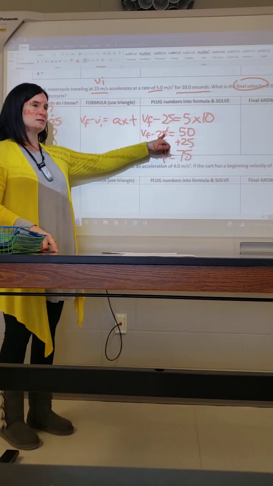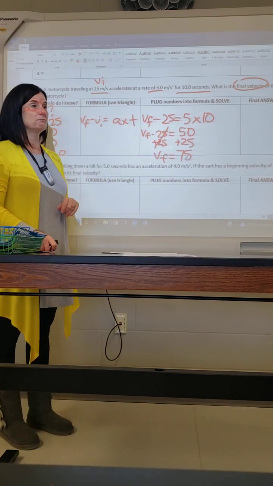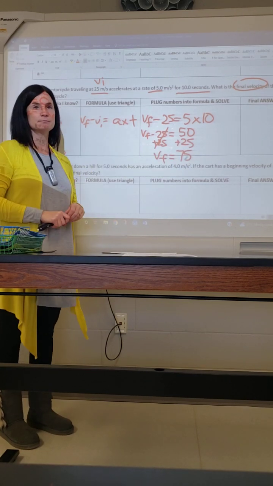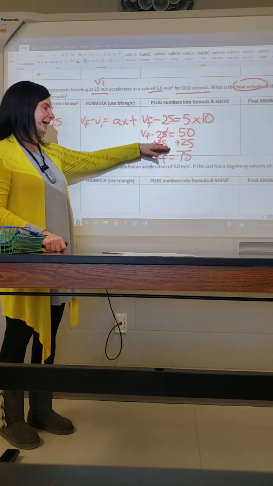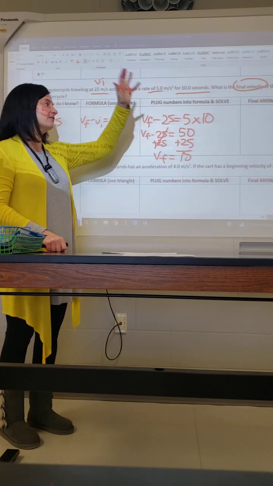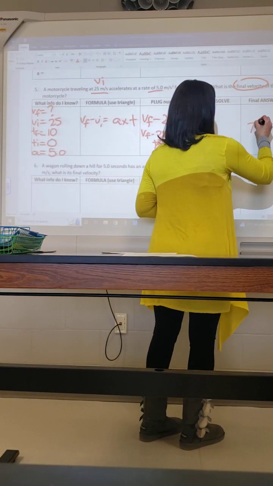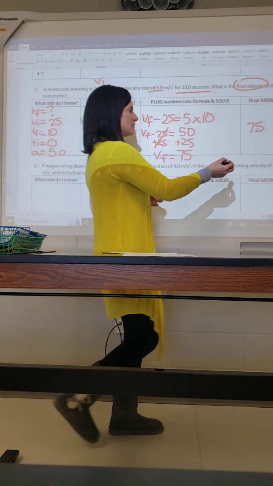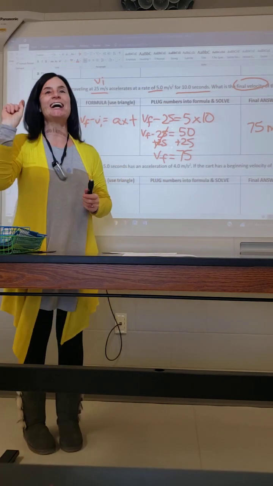You subtracted 25, so to get rid of it, add it. And whatever you do to one side, you do to the other. So sometimes people forget they only add the 25 on this side, and they'll have VF equals 50. Right? You have to add it to both sides. So then we end up with 75, and then we already had units for the first velocity, so you can just steal those.